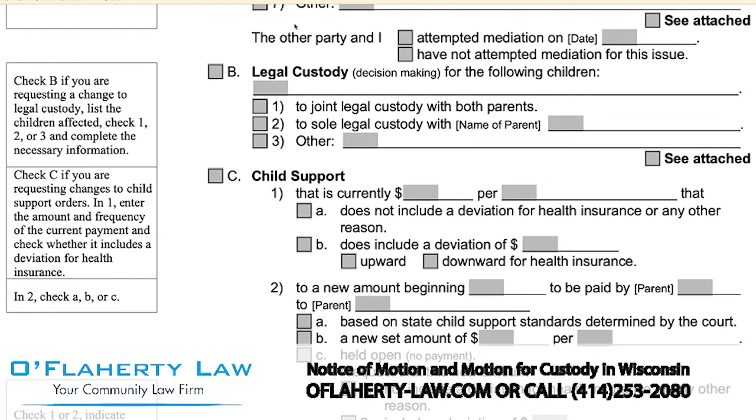Now, this isn't a numbered paragraph, but it's always a great deal of interest to the court. You always have the option, if you are struggling with the other parent, trying to co-parent, trying to stick to the court order about custody, placement, visitation, support, there is always the possibility that you can just go to mediation and try and work it out with each other.